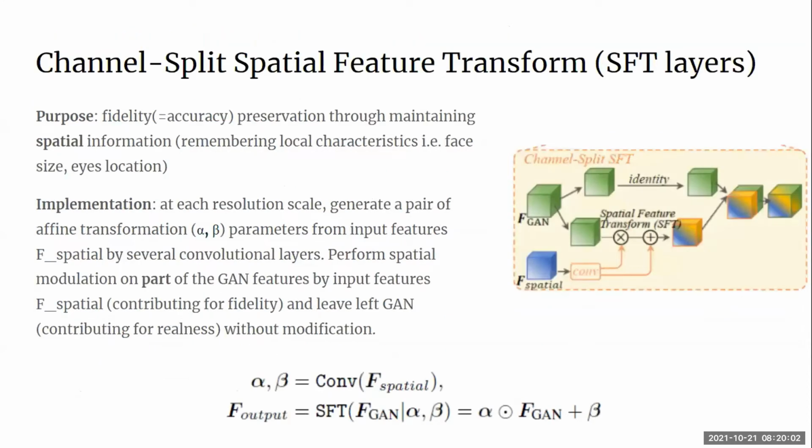One nice trick is that while doing the SFT, the spatial feature transform, they don't apply it to all the features. They split the features into two chunks. Let's say we have 64 features produced by the GFP-GAN. 32 will pass as they are, and just 32 will have the transformation.